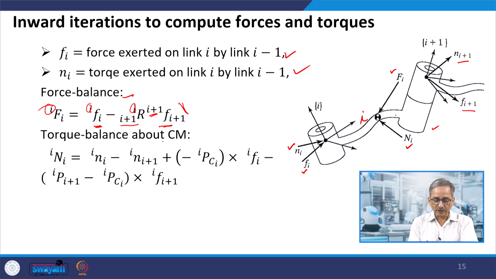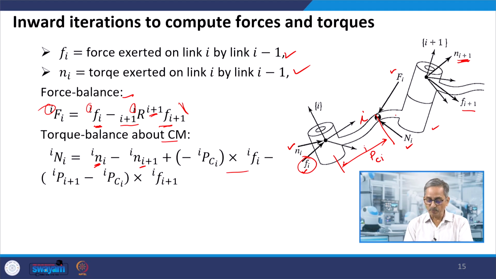Then I can have the torque balance about this center of mass. If I find out the torque balance about the center of mass, I can find out the net torque acting on this link, right. So, this will be this torque coming from the previous link minus this torque applied by the current link on the next link, plus then I am taking the moment of this force with respect to this, and this is that distance, your PCI.